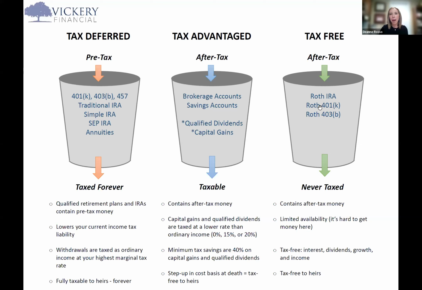But the more that we can maximize savings in this after tax, this Roth bucket, and in this tax advantage bucket, particularly when your income is lower and you're not in your peak earning years, all those funds can grow and be available to you later on in life, when you can pull those out at minimal or no taxes at all, and then leave room for your higher earning years to defer funds into taxes to bring your overall income taxes down in those peak years.